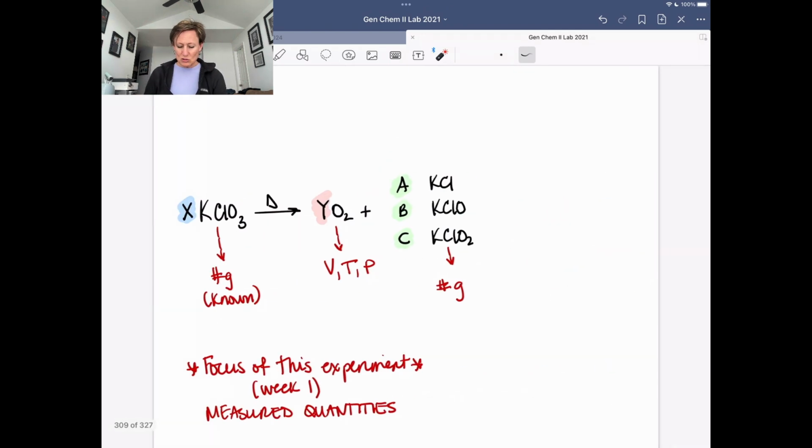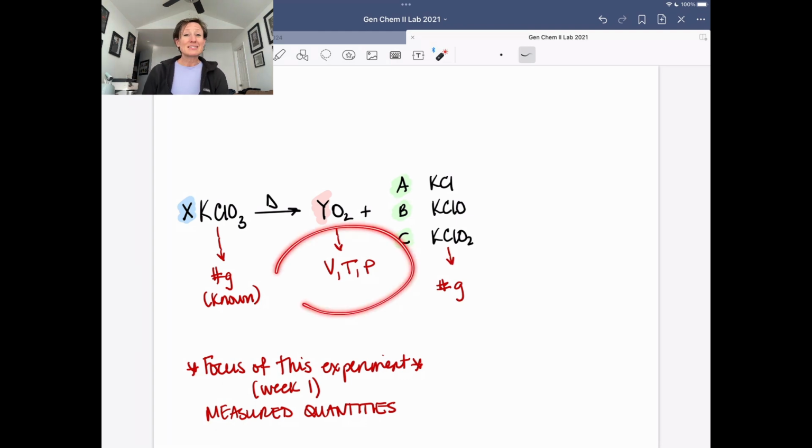Okay. So again, the focus of the first week's lab is really to acquire experimental data. So here's the experimental pieces of data that we're going to be obtaining. We are going to know with a high degree of accuracy the amount of potassium chlorate that we start with. Then we're going to let this reaction happen, and we are going to determine what mass of solid remains.